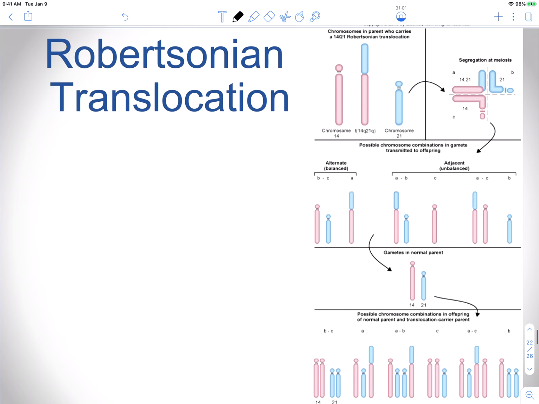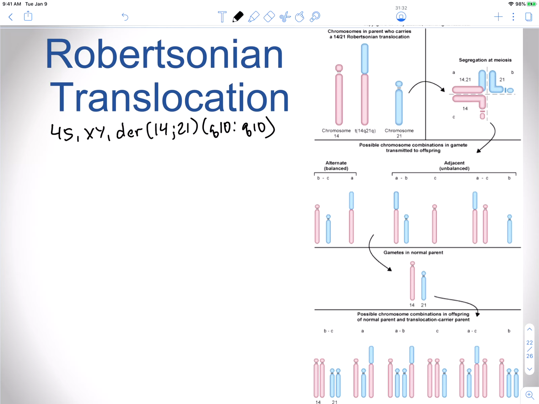So you have here another example of a Robertsonian translocation. This individual here would be a 45,XY, if they're male. And then the translocation is a der, so Robertsonian translocation, of chromosome 14 and 21, and then the positions are q10 on both.